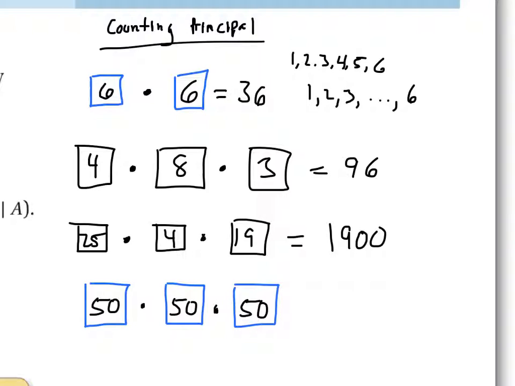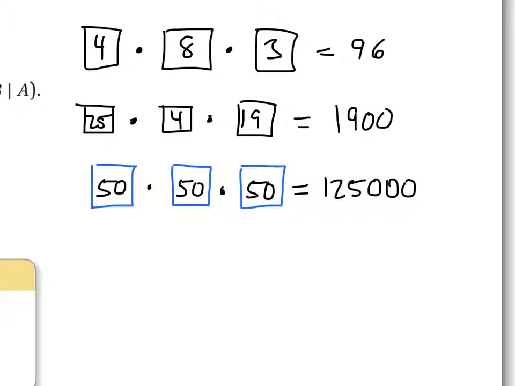And so we multiply those together, we get 125,000 different locker combinations. One of those combinations is your correct locker combination. So therefore, the probability of you selecting the right one the first time is 1 out of 125,000.